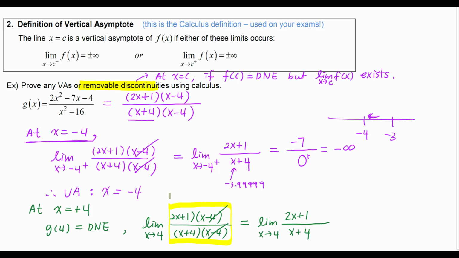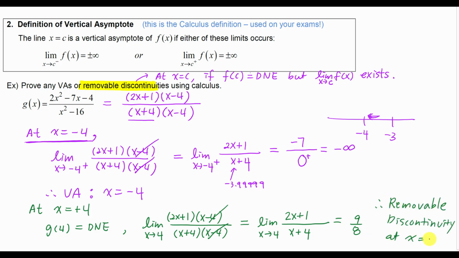Because this function is equal to this function at all x except x equal 4, I could actually find the limit from this function after it's cancelled to 2x plus 1 over x plus 4, which is equal to 9 over 8. Because g of 4 does not exist, but the limit as x approaches 4 of g of x exists, this point is a removable discontinuity. So you can say that you have a removable discontinuity at x equal 4.